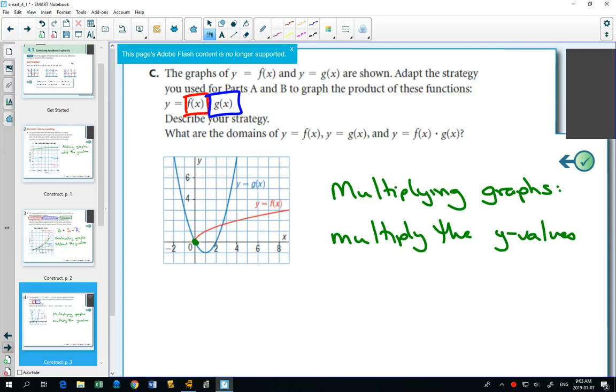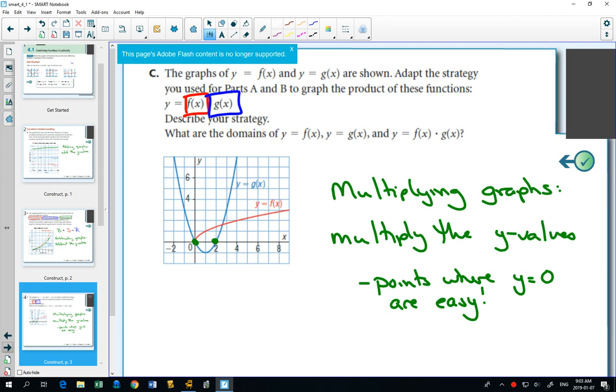If I do all the places where my blue graph is 0, at 2, my blue graph is 0, and 0 times 1.482 would still be 0, so we would have those points. Points where y equals 0 are easy.